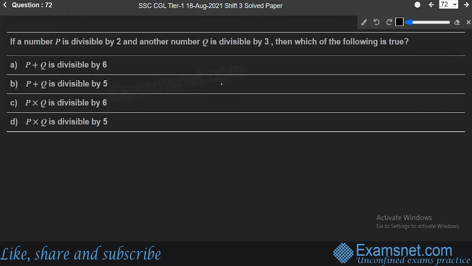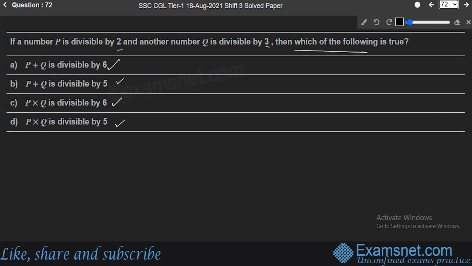Question number 72. If a number p is divisible by 2 and another number q is divisible by 3, then which of the following is true? P plus q is divisible by 6, p plus q is divisible by 5, p multiplied by q is divisible by 6, or p multiplied by q is divisible by 5.